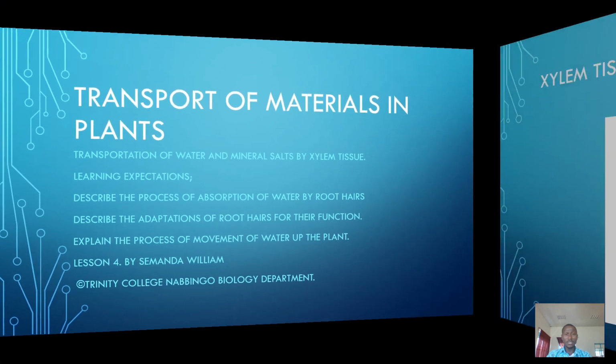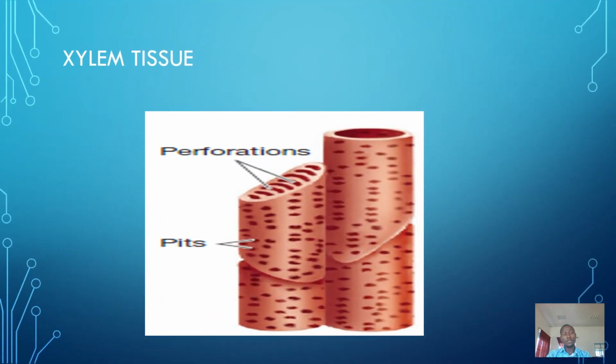If we start right away, we're talking about the transport of water. It's mainly done by the tissue known as xylem tissue, and the xylem tissue is made up of perforated cells. These cells have pores, they are elongated and they are hollow.